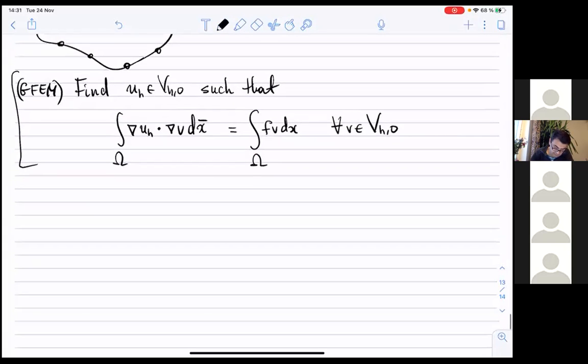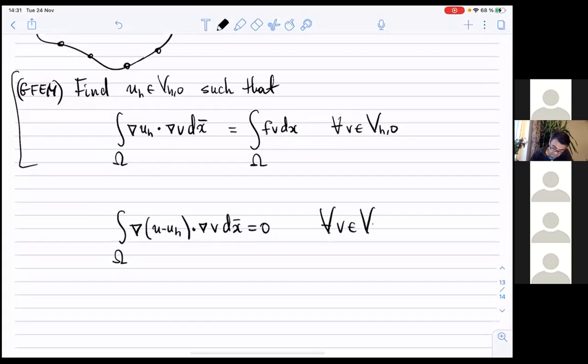Then we get the following relation: integral over omega of gradient of u minus UH times gradient V dx is 0 for all V from VH0. This relation we usually call Galerkin orthogonality.